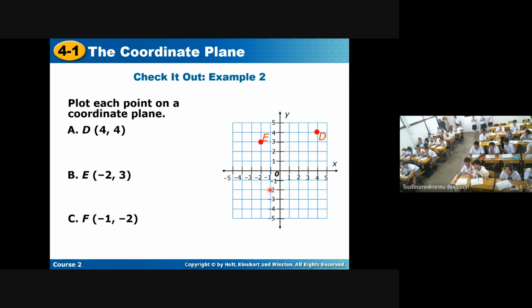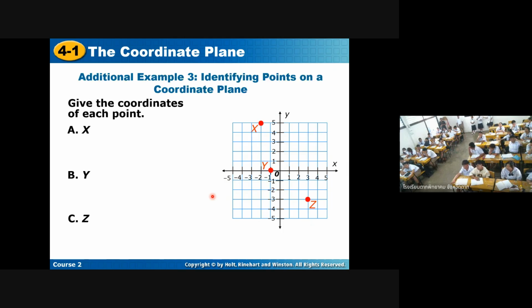Are you sure? Okay, thank you. This is correct. Again, negative 1 of x, positive 2 of y. So it's this point. Okay? You understand?